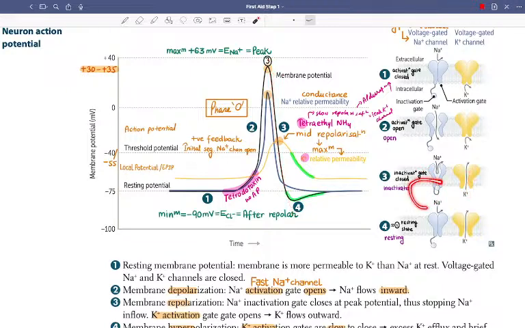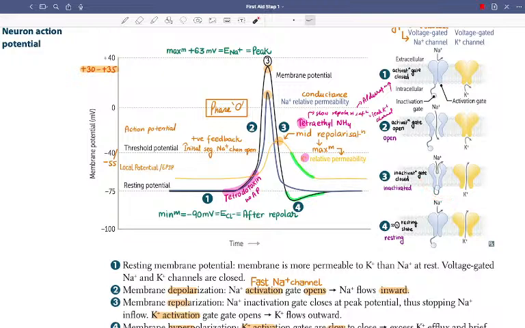It is inactivated, remember. Here the activation gate is closed; here everything is open, the activation gate is open. This tail here is the inactivation gate. So here, number 3, the inactivation gate is closing.